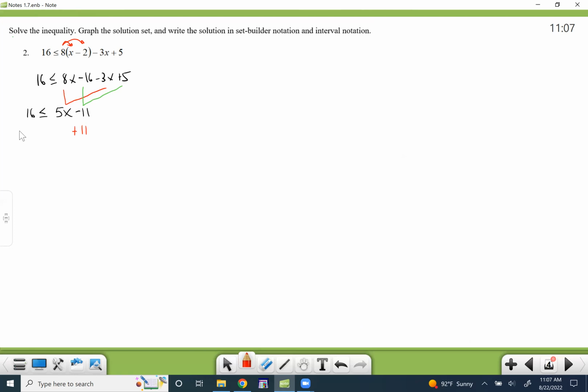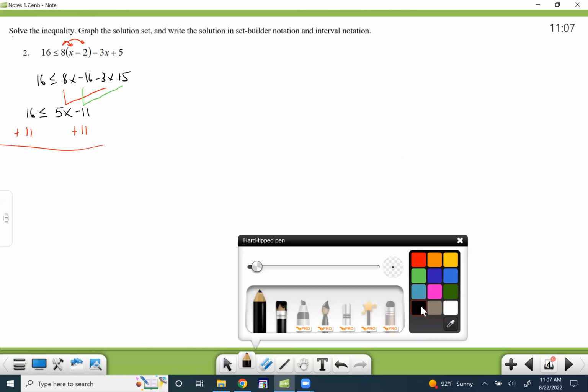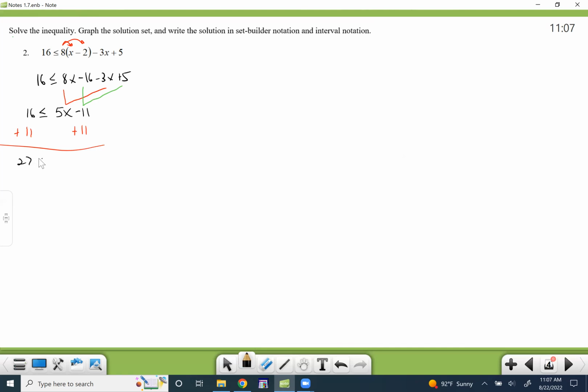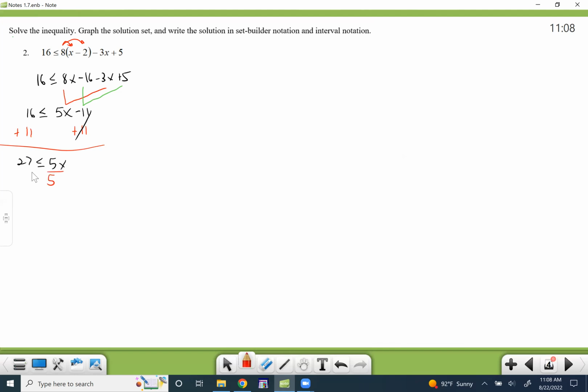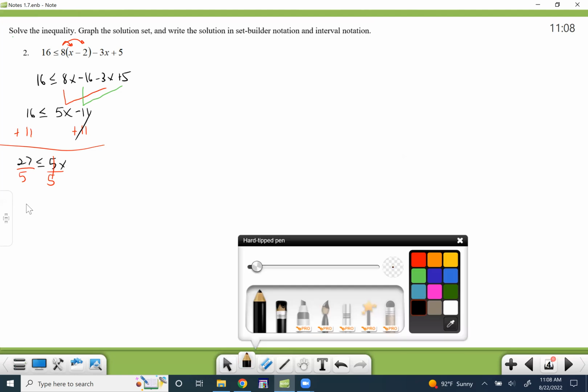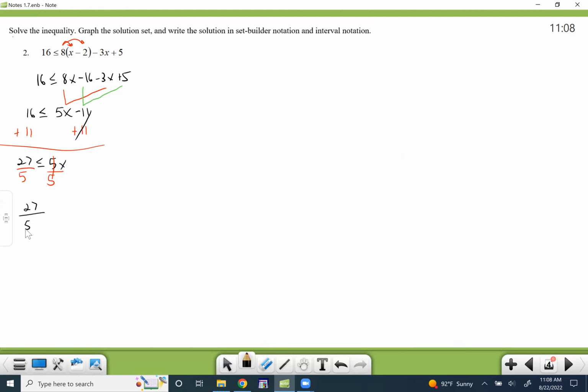Yeah, the variable's on the right, but don't worry, we'll fix it when we get done. So this will be 27 divided by 5. So we have 27 over 5 is less than or equal to x, or if we flip it around, x is greater than or equal to 27 over 5. So make sure you flip the sign too, you guys, okay?